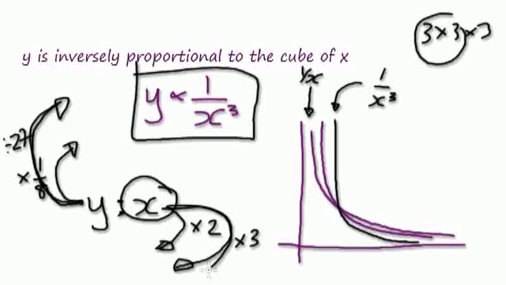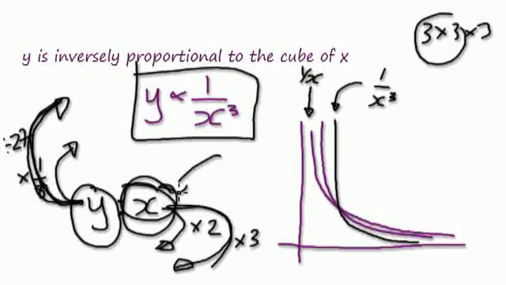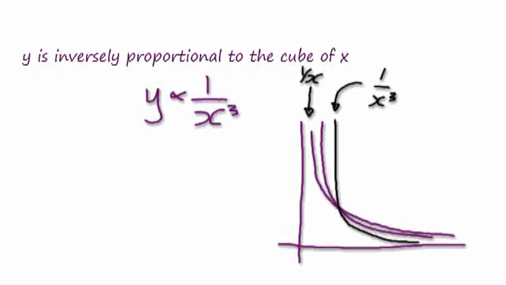If you times x by 3, then you're going to have to divide y by 27. So you see, y changes massively when you just nudge the x slightly. If x changes by a small amount, it affects y massively. Okay.